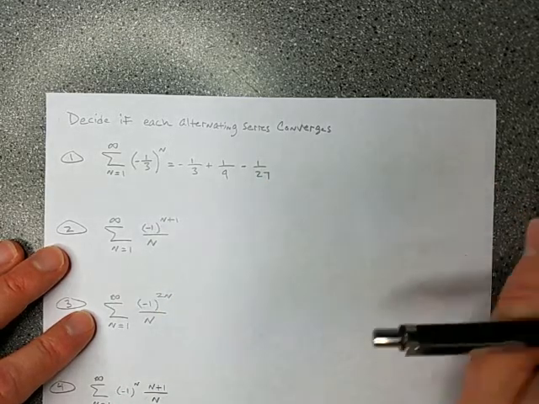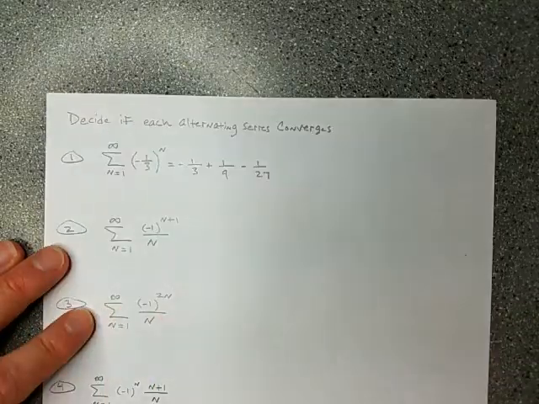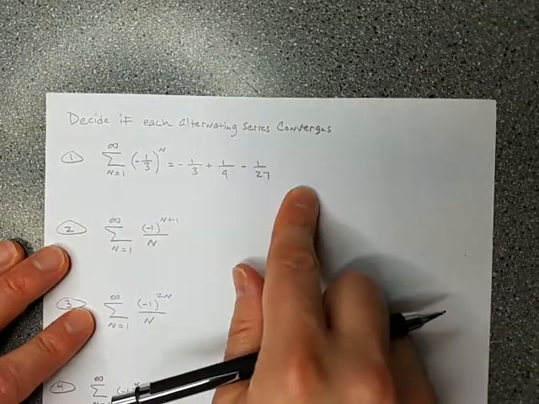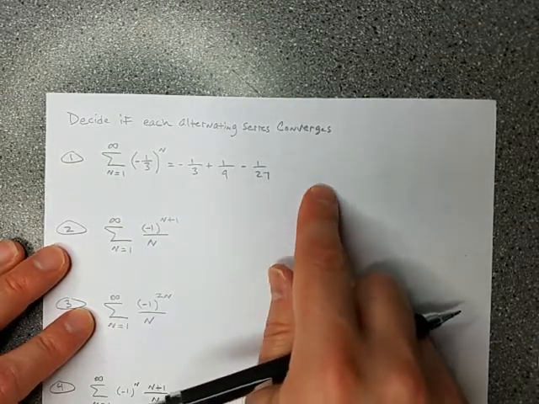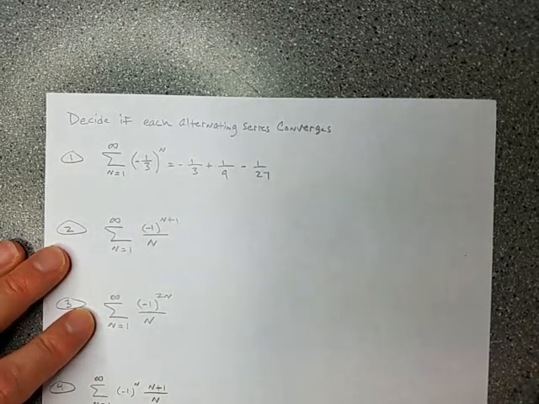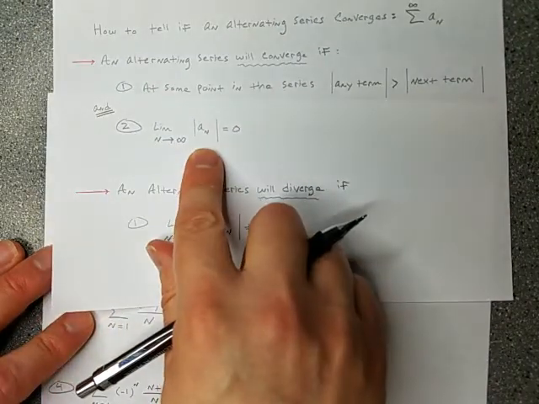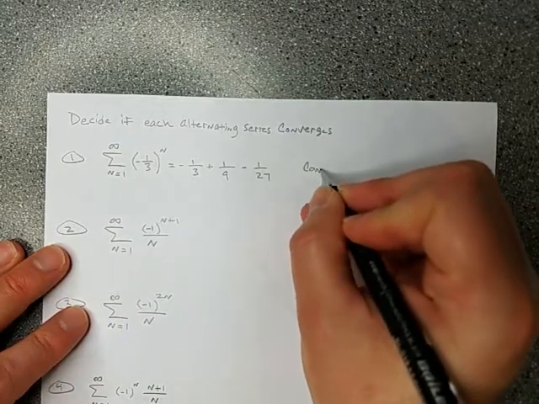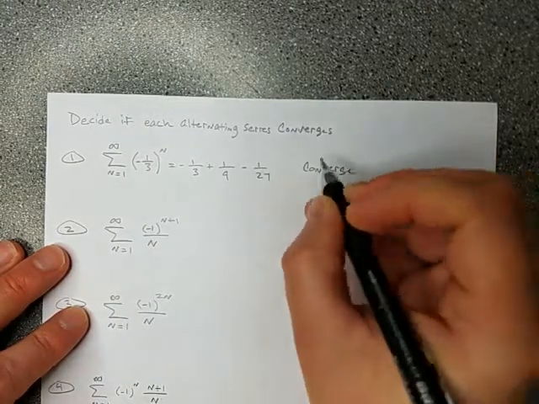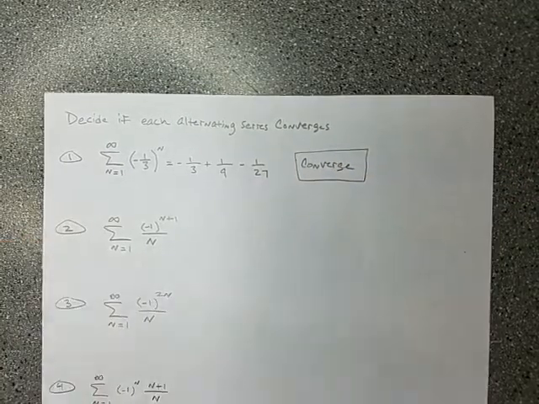And the terms are getting consecutively smaller with a formula such as this. That will happen. 3 to the first power, second power, third power, fourth power. And then the terms are going to 0, right? Okay, so this one will converge. It does both things that an alternating series has to do in order to converge.